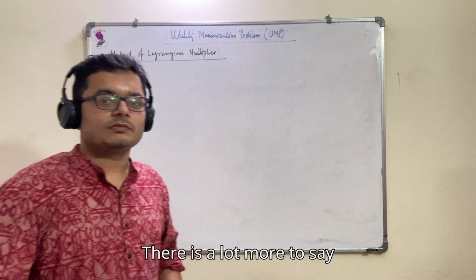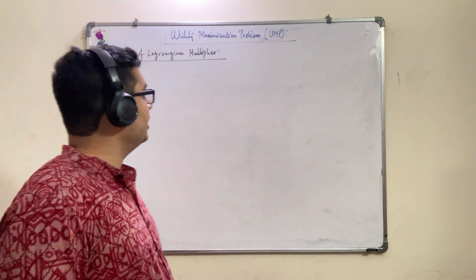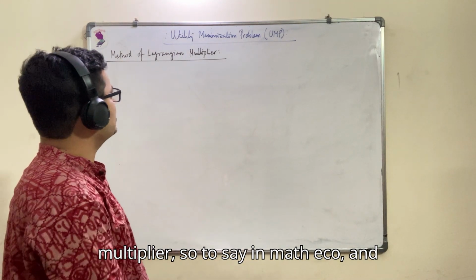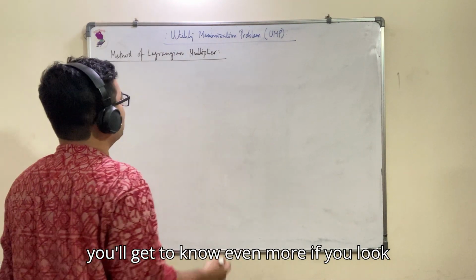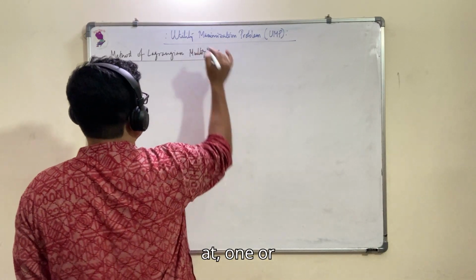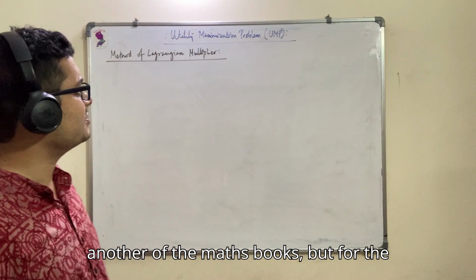There is a lot more to say on this topic, this method of Lagrangian multiplier, in mathematics, and you'll get to know even more if you look at one or other of the maths books.